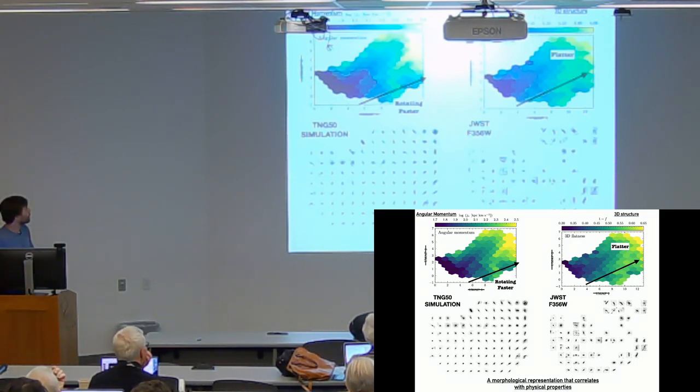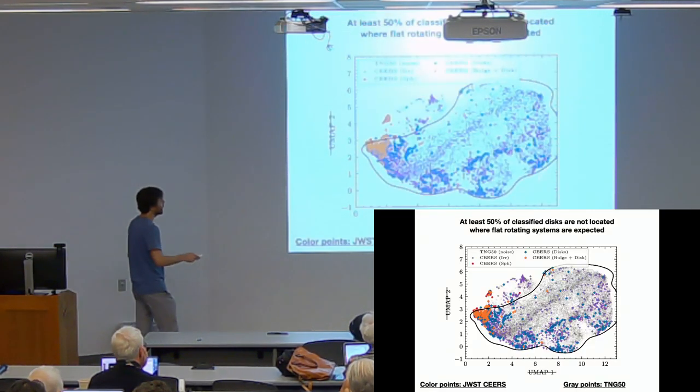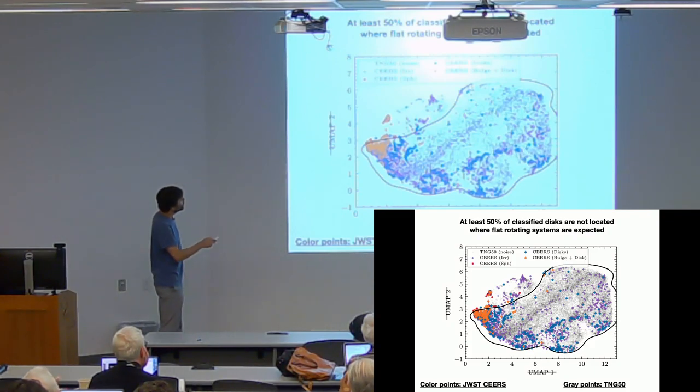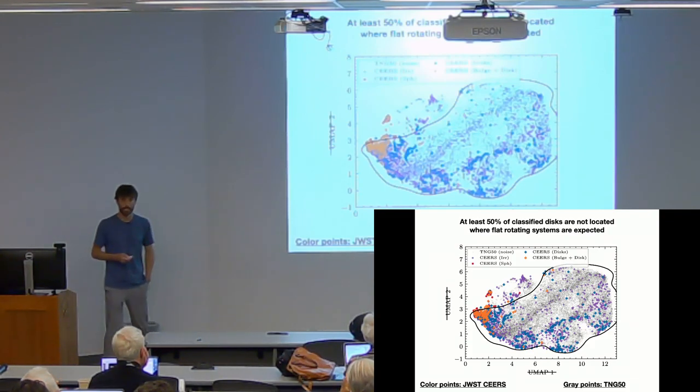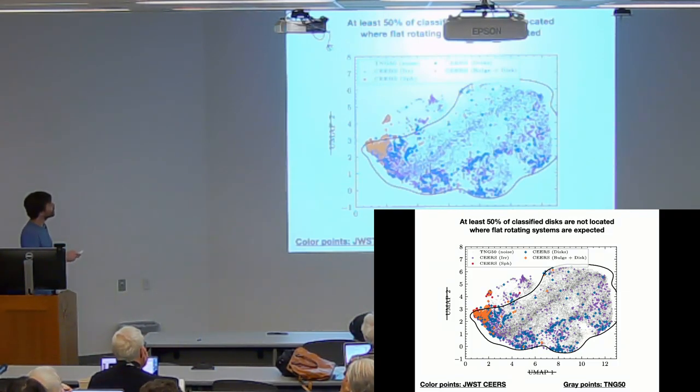But we can try to learn one of the properties of these galaxies. And what happens if you do that? This is exactly the same manifold, but now instead of showing average quantities, I'm showing individual galaxies. Gray points here are the simulation, so TNG galaxies, and colored points are observations. The different colors are the morphological classification.